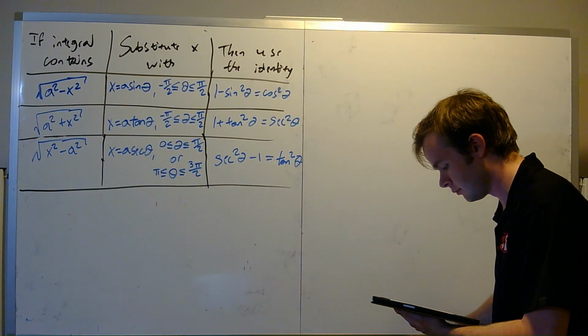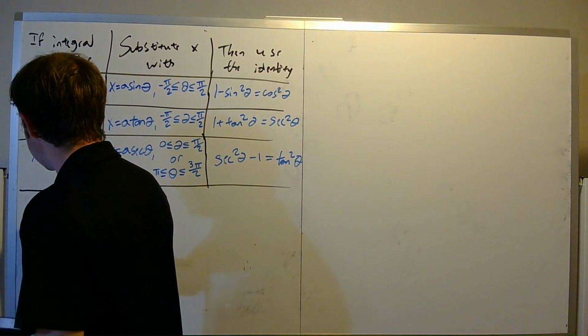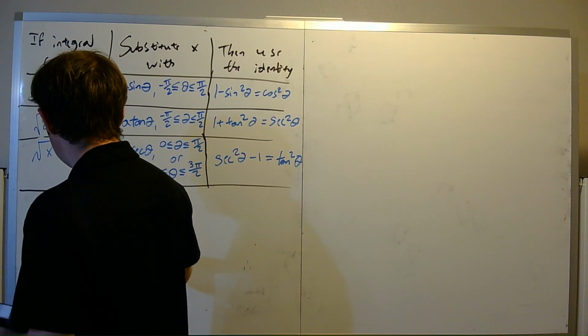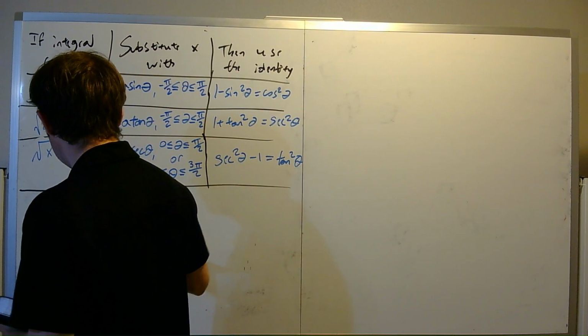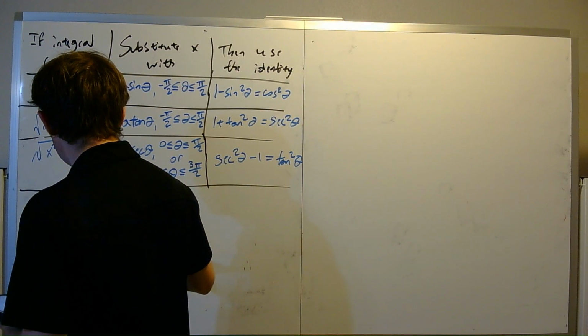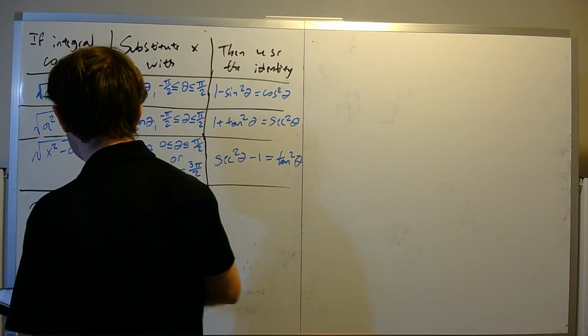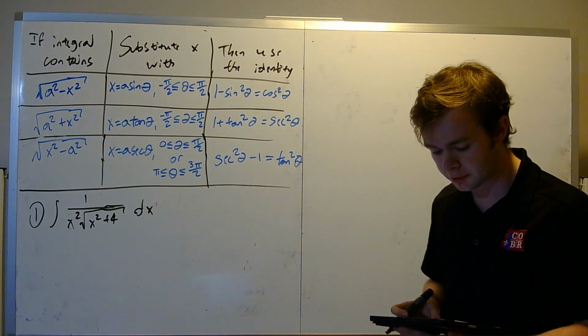Okay, so let's just try to do an example here. So example number 1. I'm just going to say we have the integral of 1 over x squared times the square root of x squared plus 4 dx. So this is the integral that we're trying to take.